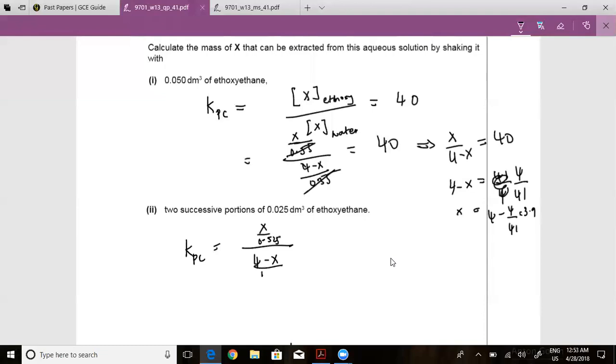Over 4.525. That is 40. Solve for x, yes, and now you get the same x, I think. Right? The volume just cancels, so that shouldn't matter. So the x would be the same.